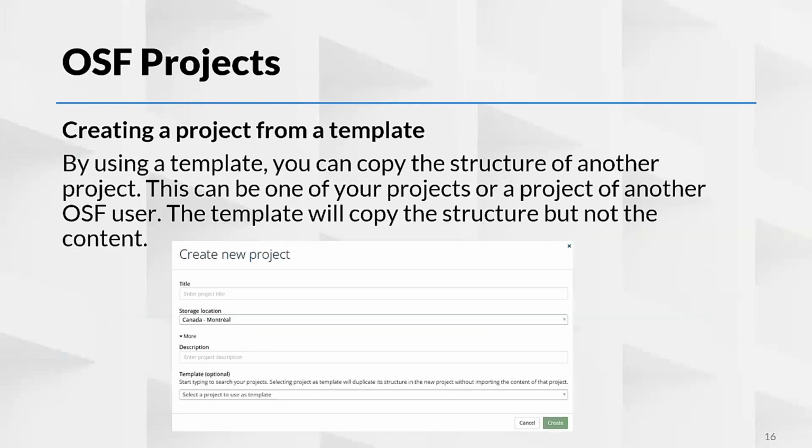When you're creating a project, you have a couple different options. You can create a project from a template. Open Science Framework saves default templates that you can use, but you can also copy the structure of another project that you've made. This can be yours, or it could be someone else's that you know of.